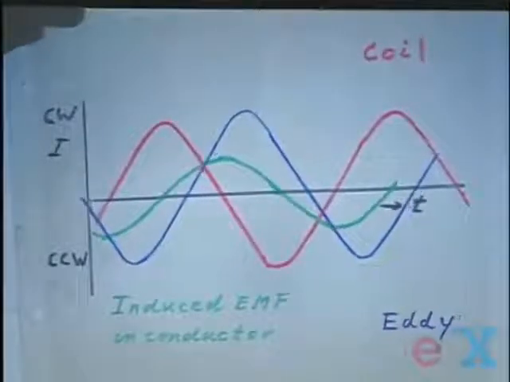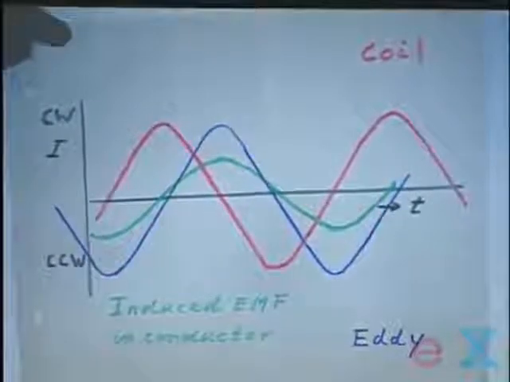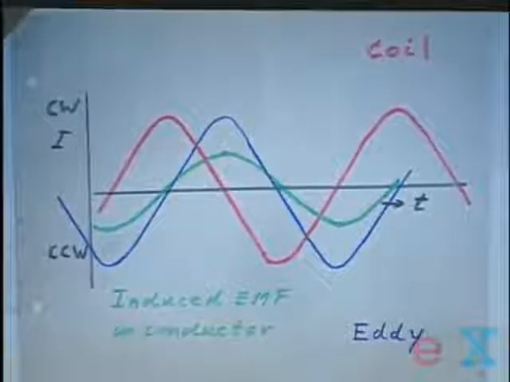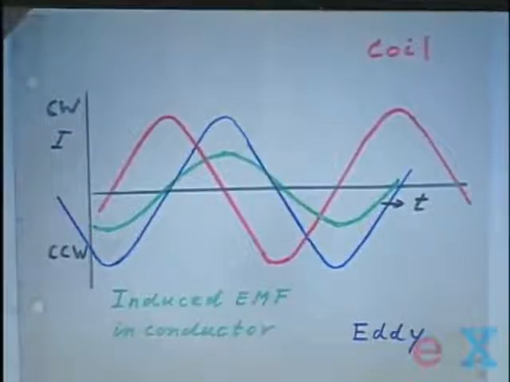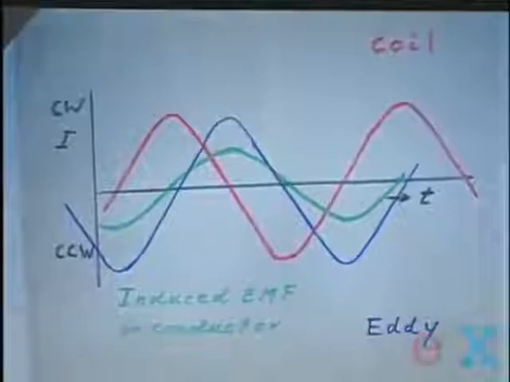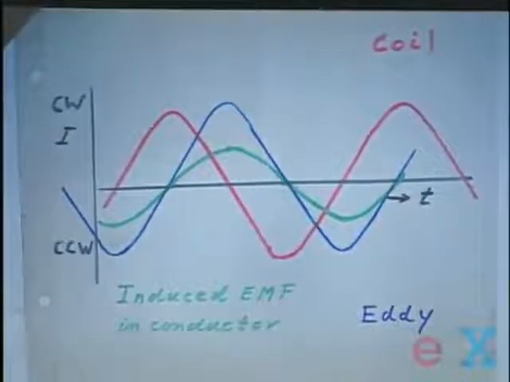Here, what you see is a blue curve which represents the induced current. I call that the eddy current. If there is no phase shift between the induced EMF and the induced current, notice that half the time the blue curve and the red curve are in opposite directions. When they're in opposite directions, they repel each other. When they're in the same direction, they attract each other.